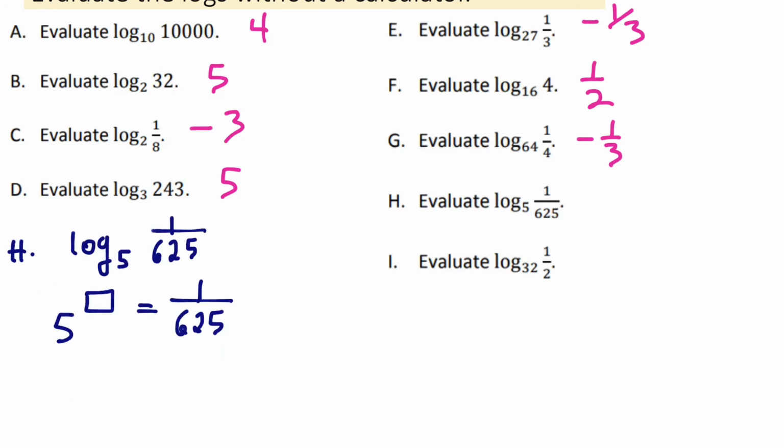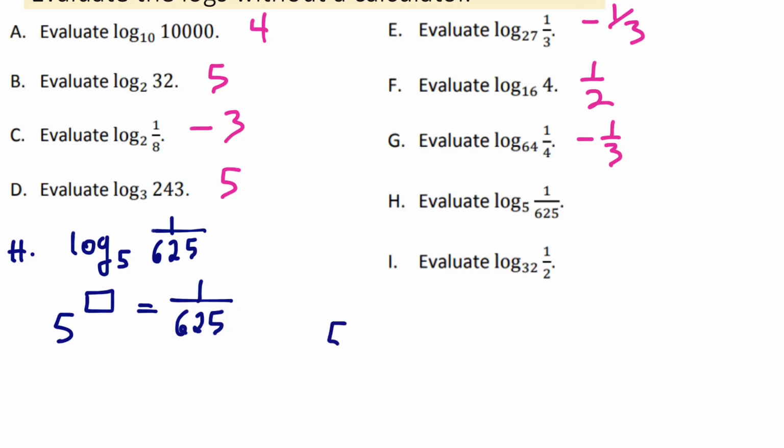Okay, so for H, I've got 5 as my base. I need to raise it to a power in order to get 625 in the denominator. So first we want to figure out how many times I got to take the power of 5 to get 625, and then I put a negative on it, and it brings it down to the bottom.